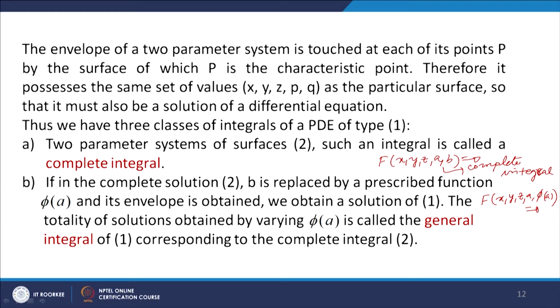We obtain a solution of the nonlinear PDE f(x, y, z, p, q) equal to 0. The totality of solutions obtained by varying this function phi is called the general solution of equation 1 corresponding to the complete integral 2, f(x, y, z, a, b) equal to 0.